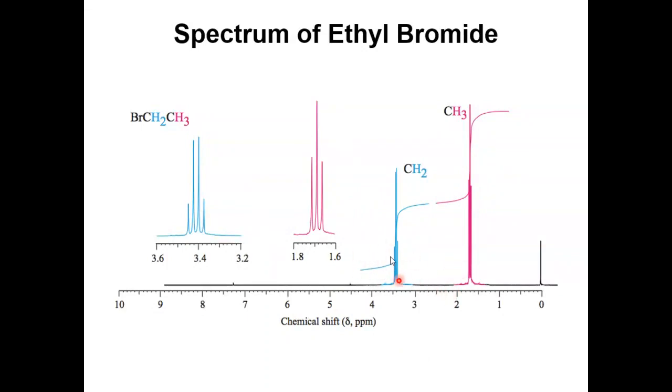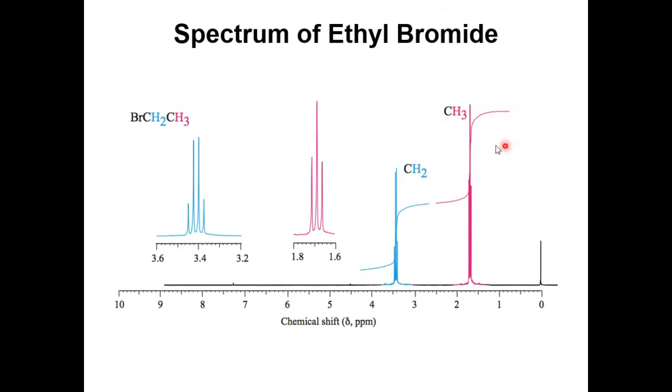The blue one is about 3 something, and the pink one is 1 point something, because of the electronic effect of bromine. If the blue one is 2, the pink one will be 3. I hope everyone is rock solid about these two aspects to this point.